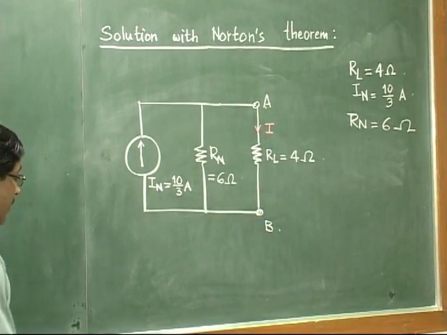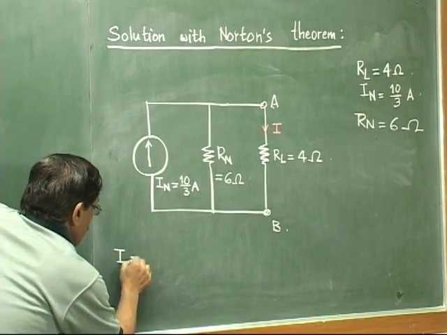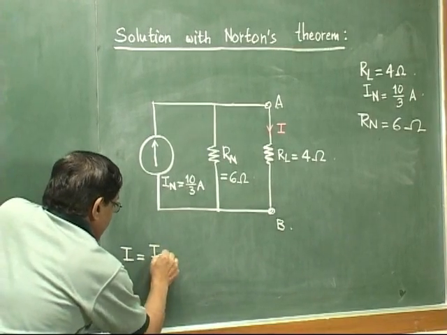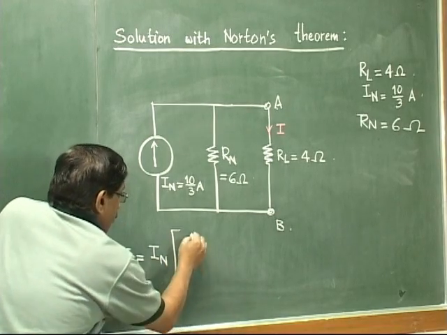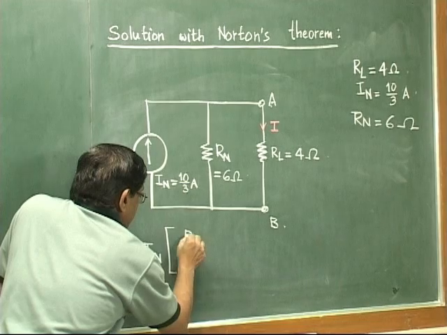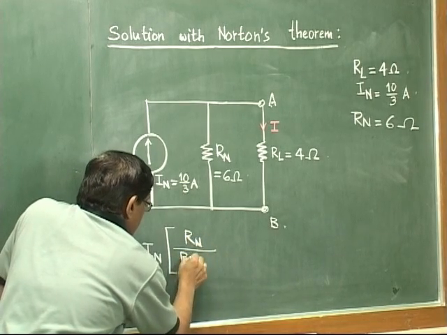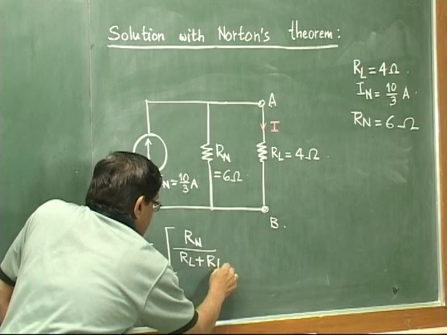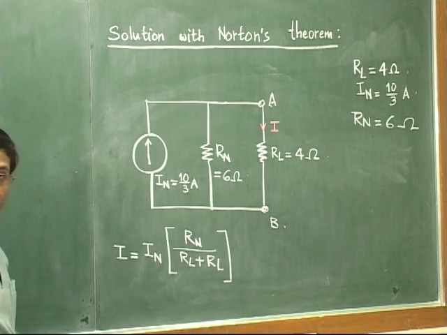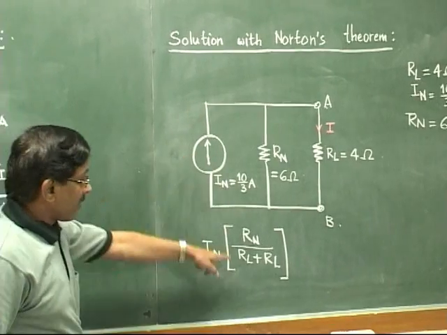And finally, if we assume that the current in the load resistor is some current I flowing from A to B, what is the formula for that? I must be equal to IN, the total current, into bracket Rn divided by Rn plus Rl. Just substitute the values of all these parameters here.